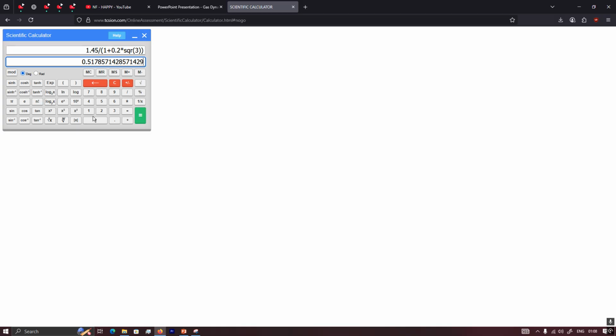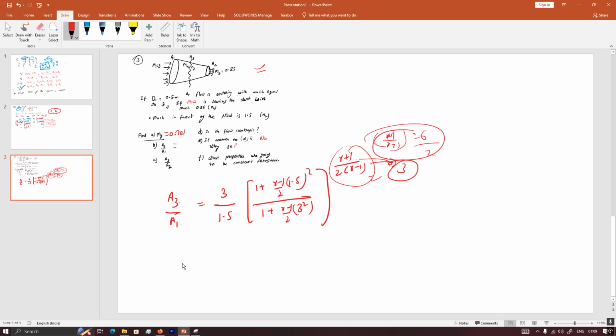And this, 3 squared to the power 3, into 3 by 1.5, which is equal to 2. So I'll just multiply by 2. So this is your value. A3 by A1 is 0.278.